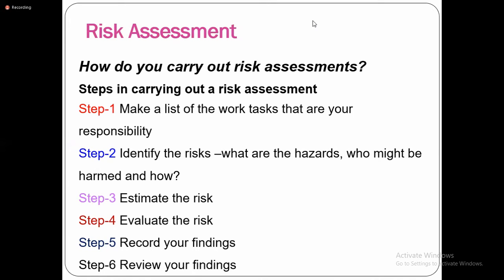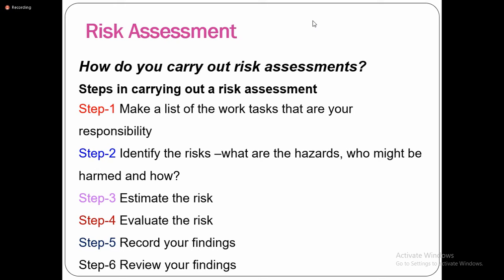Or maybe another part, also severity, whether it's very low or high, right? Based on that, you evaluate the risk. And normally we understood risk equals likelihood times severity. Then you get the likelihood figure and the severity figure, then you multiply, and you will get the risk rating for that. That's called evaluating the risk.